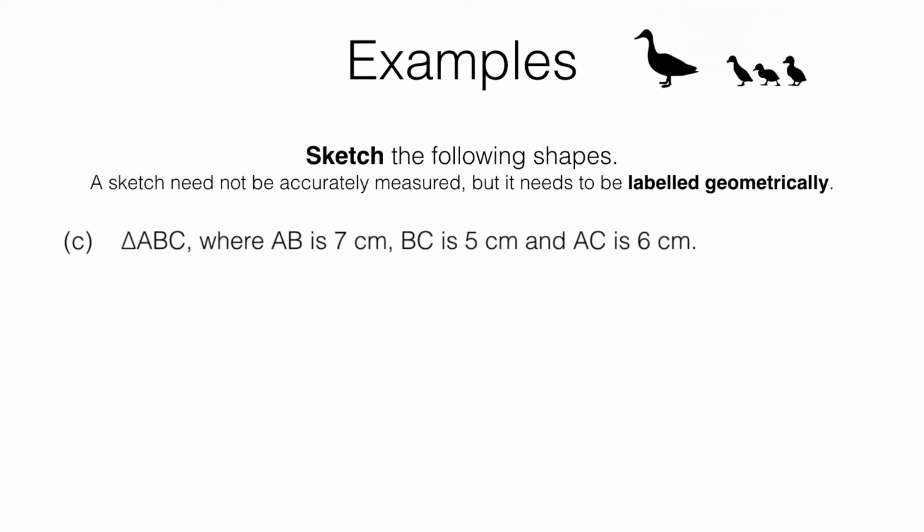So I just need to draw a side, something like that, label it AB, and label the length 7 centimeters. Now BC needs to be 5 centimeters, so I just need to draw on a length from B that is going to be labeled as 5 centimeters.